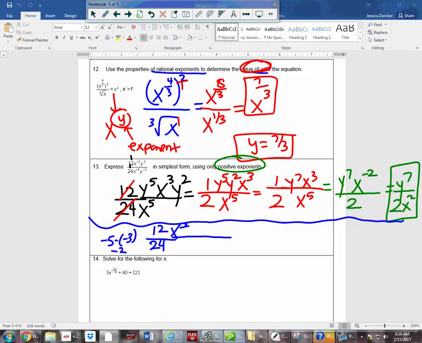And with the y's, 5 minus a negative 2 is 7, which simplifies to y to the 7th over 2x squared in the denominator. Okay, again, I just divided 12 into 12 and 12 into 24. And then I brought down this negative 2 to make the exponent positive like they wanted.